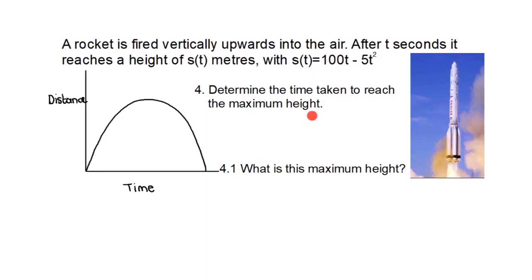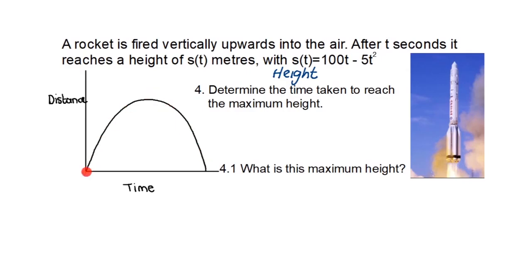Question number 4 says, determine the time taken to reach a maximum height. Okay, so the height in this case is described by this distance formula. So the distance formula is also the height in this case, and it is represented by this graph.